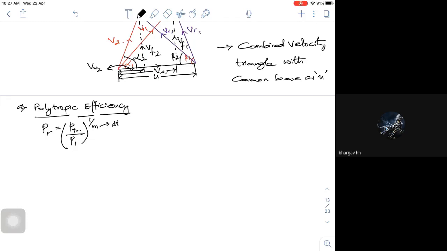If I substitute in this formula, the stage pressure ratio PR is equal to 6 by 1 whole to the power of 1 upon 6. It is 6 to the power of 1 upon 6, so I am getting around 1.35. Now, what is the stage pressure ratio?